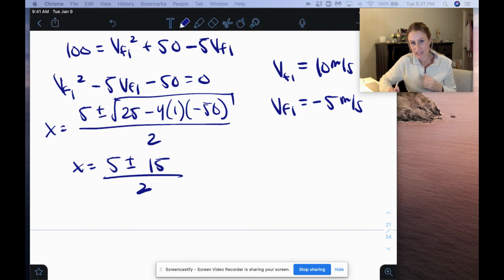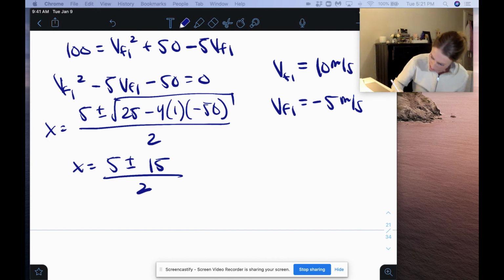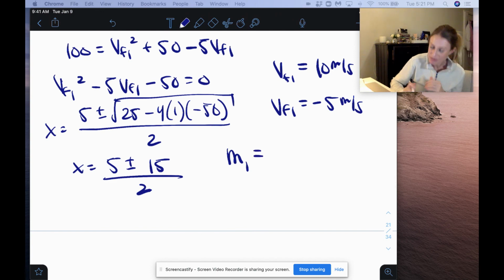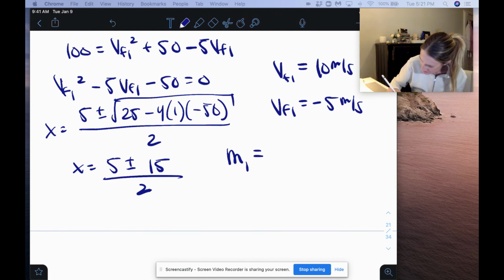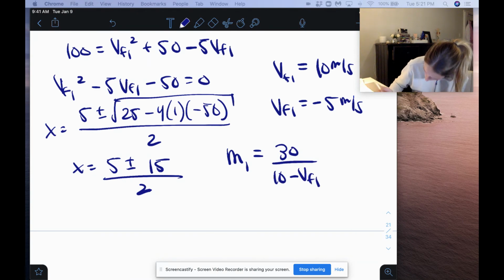Now, in order to see which option we actually want, we have to go back and look at the equation for mass 1, because mass 1 can't be negative. Velocity can be negative, but mass can't. So our mass 1 equation that we used in this mess of algebra was mass 1 is equal to 30 divided by 10 minus v final 1.